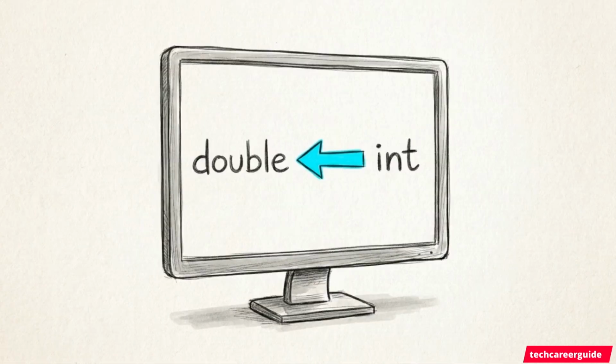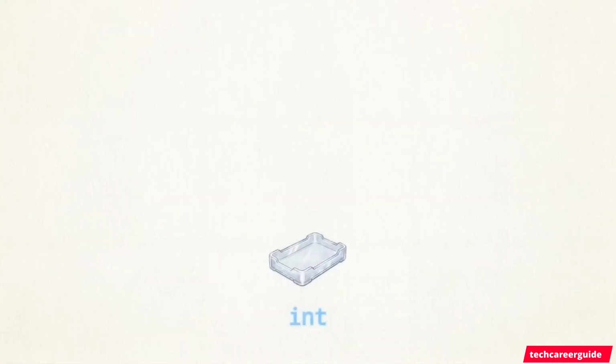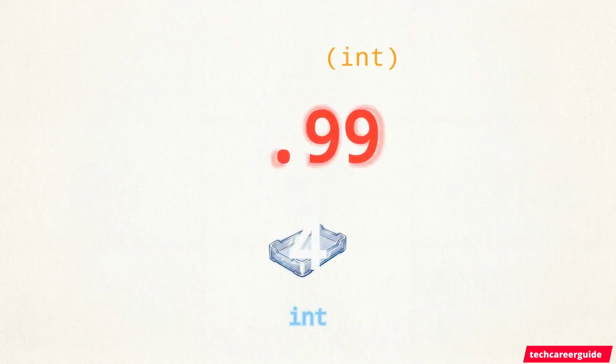But what happens if we need to go the other way? Imagine our coffee app needs to convert a highly precise total, like $4.99, into a simple whole number for loyalty points. This is known as narrowing casting, forcing a larger data type into a smaller space. The whole number 4 fits into the integer container, but the 0.99 fraction has nowhere to go.